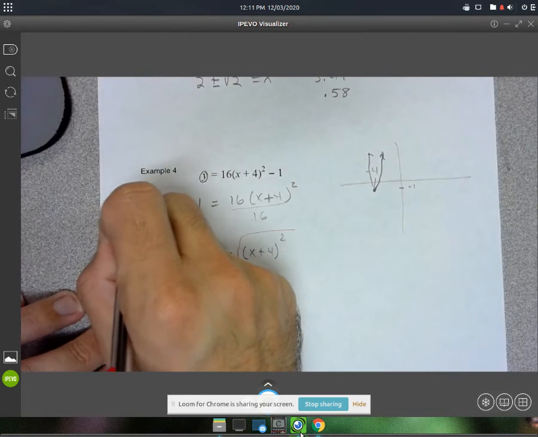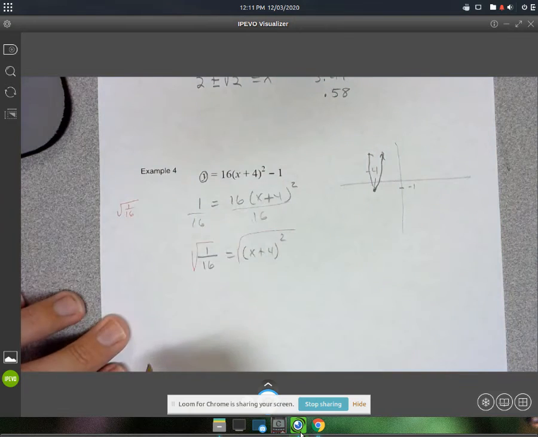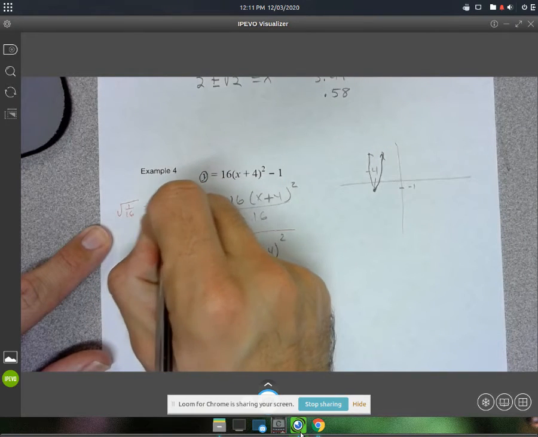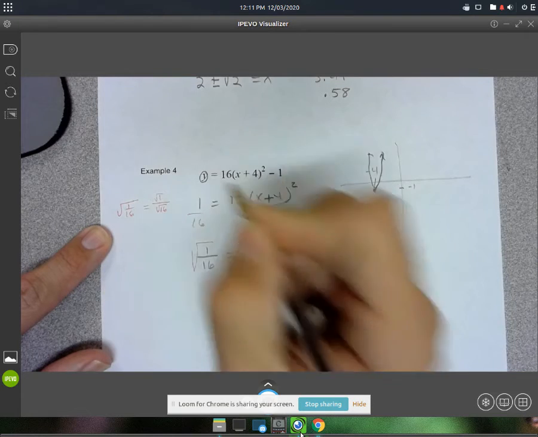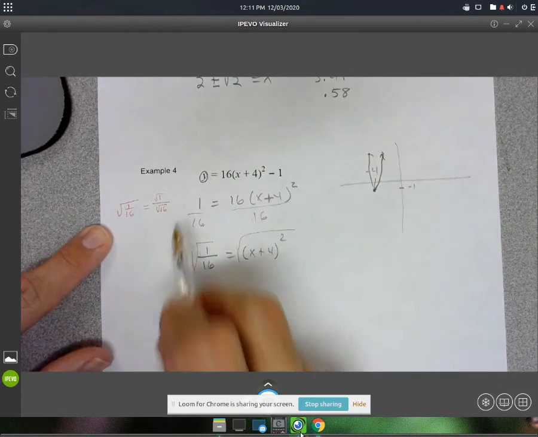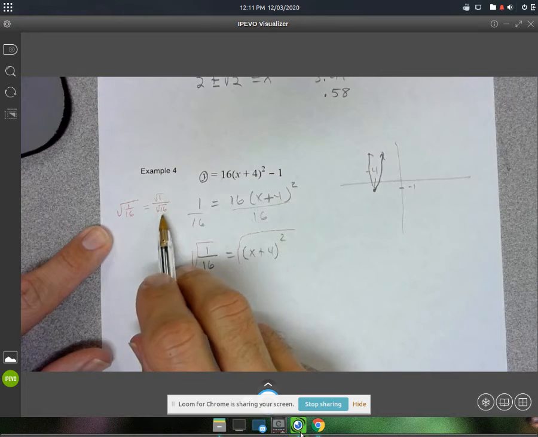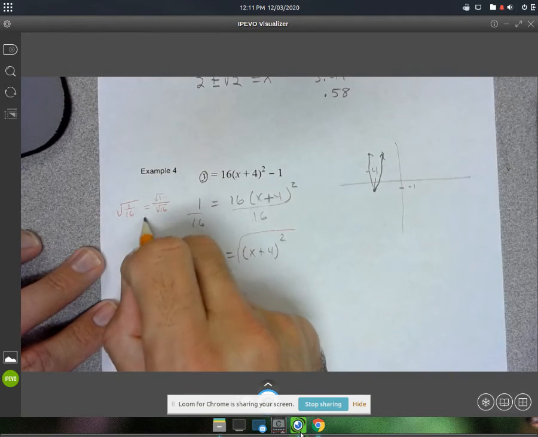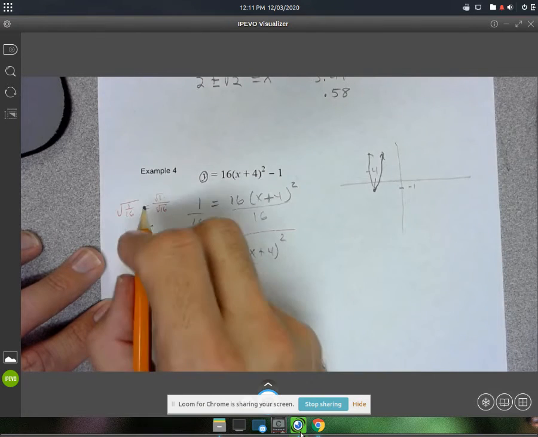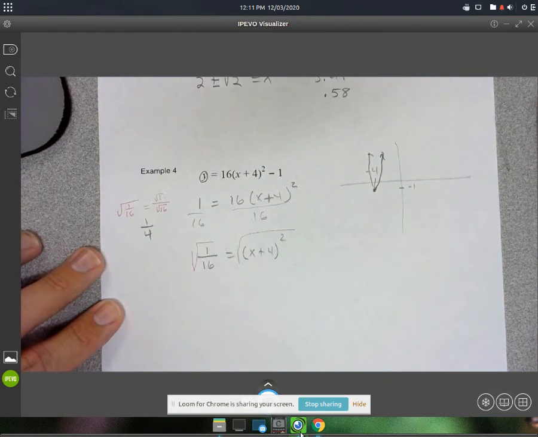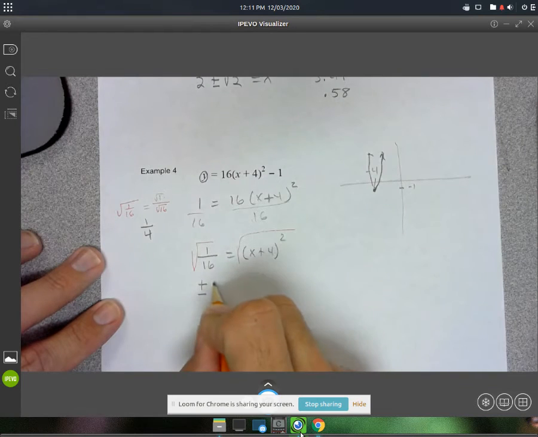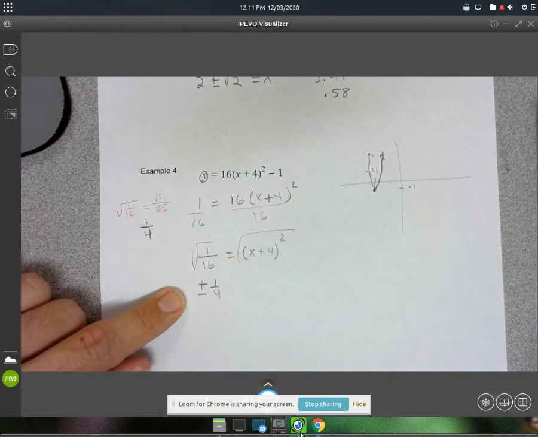See, square root of 1/16, that's actually the same as square root of 1 over the square root of 16. And then these will actually simplify nicely. This will just become square root of 1 is 1, and square root of 16 is 4. So this thing is going to become plus or minus 1/4 for us. Okay.